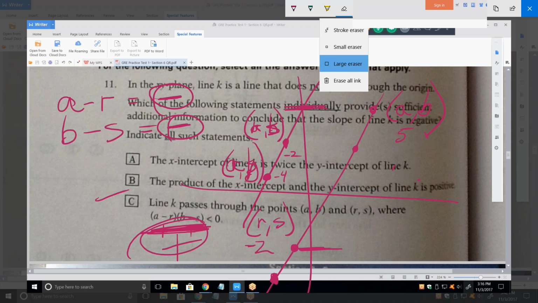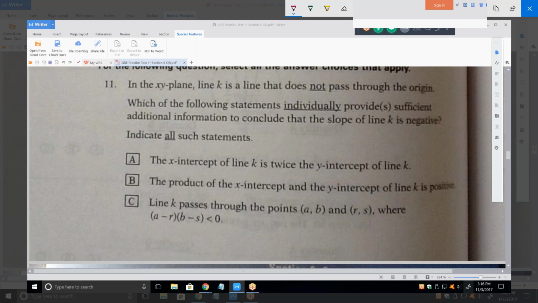Now, we can test one just to make sure that it makes sense. And this time, let's put the negative slope there. And let's put A, B, R, S. So this should come out to be negative.